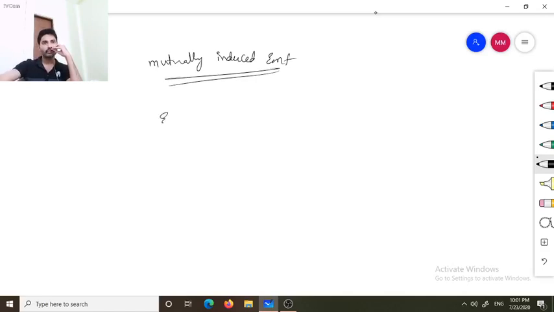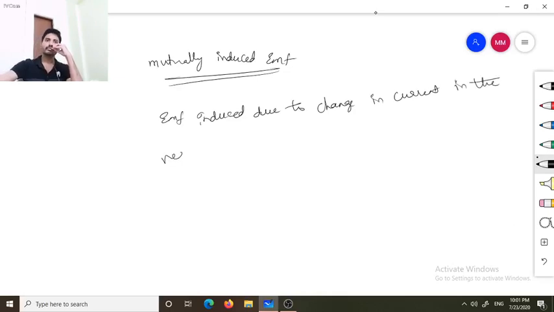EMF induced due to change in current in the neighboring coil is called a mutual induced EMF.